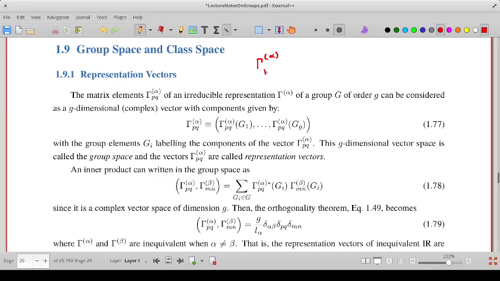Then we will have, say, gamma^alpha_pq of the group element g_i, then take the star of that, then gamma^beta_mn of again g_i, then sum over g_i in group G is equal to g by l_alpha, then delta_alpha beta, then delta_pm and delta_qn.